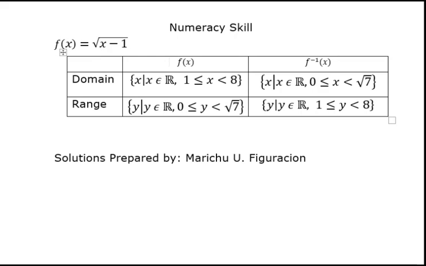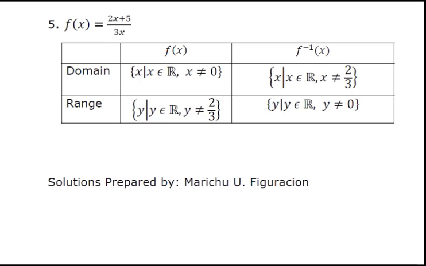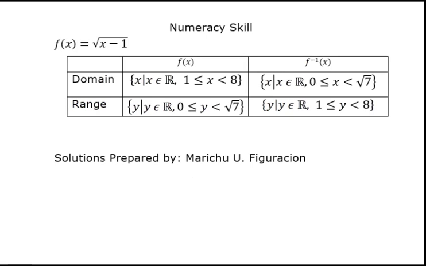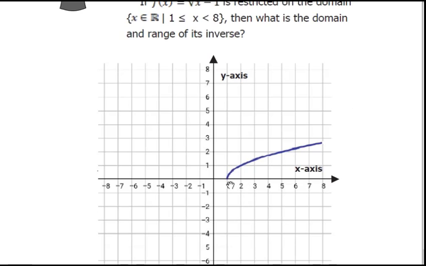So the range of f of x is the set of all y's such that y is an element of the real numbers, where y ranges from 0 included up to square root of 7, which is not included. Let's take a look at the graph. Here, the domain is the horizontal extent, and the range is the vertical extent.